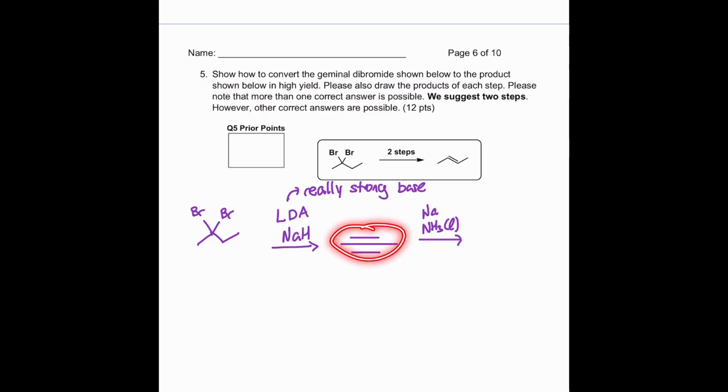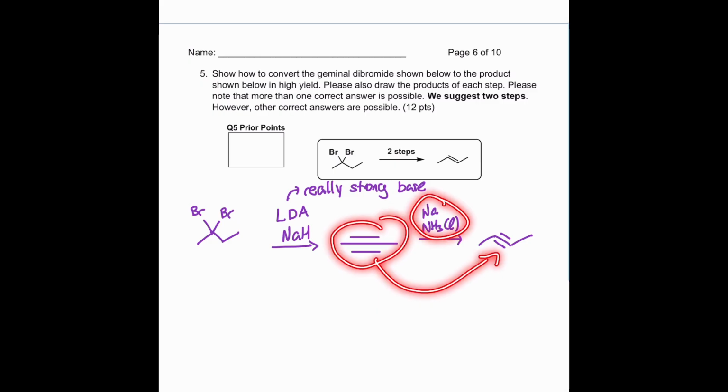For the alkyne types of reactions, you don't necessarily need to know the actual reaction steps. It's just something I recommend knowing going into this exam: what reduces a triple bond down to a double bond, and that is always going to be Na and NH3 liquid. So yep, that is number 5.